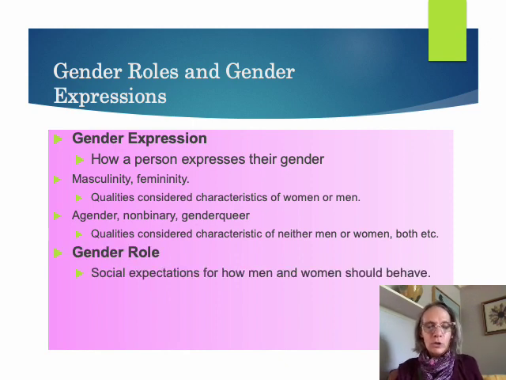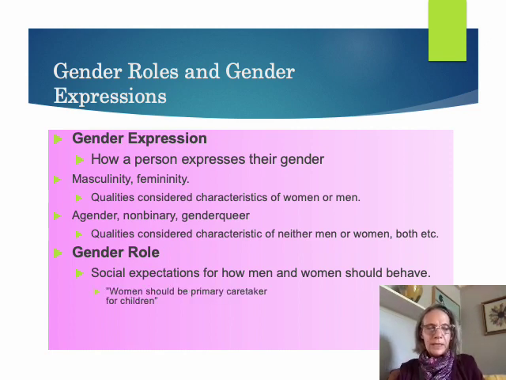Gender roles are social expectations that are placed upon genders. And so gender roles are the social expectations for how men and women should behave. But you could also say that gender roles are expectations for how a transgender person or a non-binary person may behave. Okay.